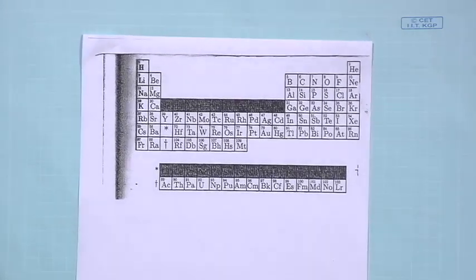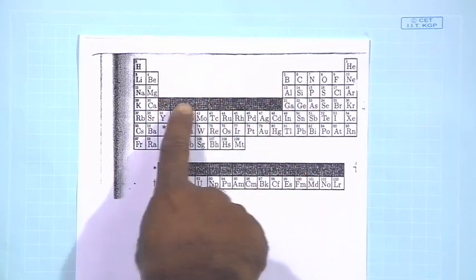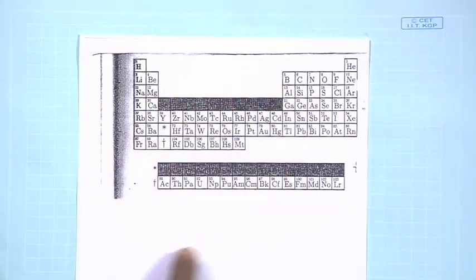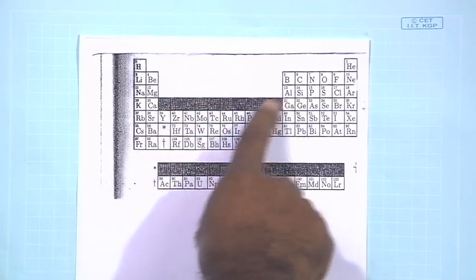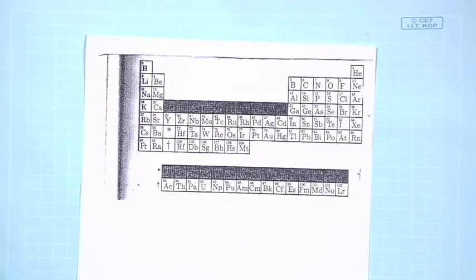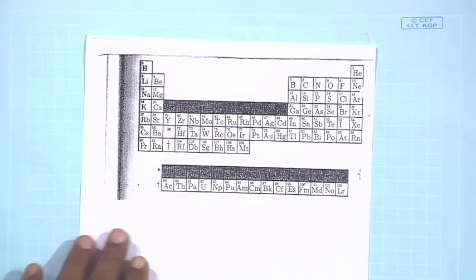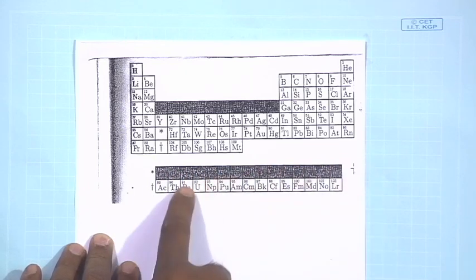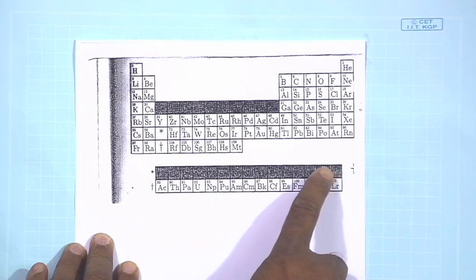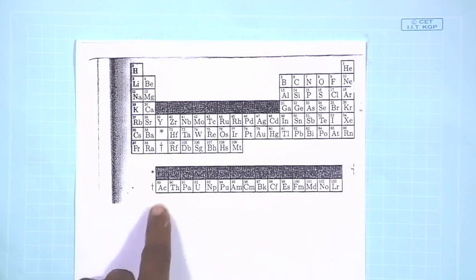In this periodic table, you cannot see what the elements are. This one is iron group, transition metal. So, here 3d orbitals are having unfilled electrons, and this one is rare earth group, lanthanide group, right. So, this one is having unfilled 4f electron.